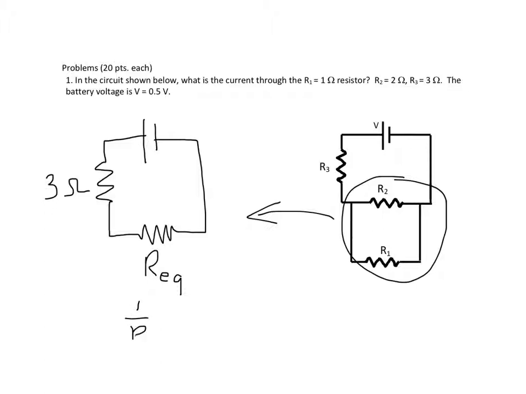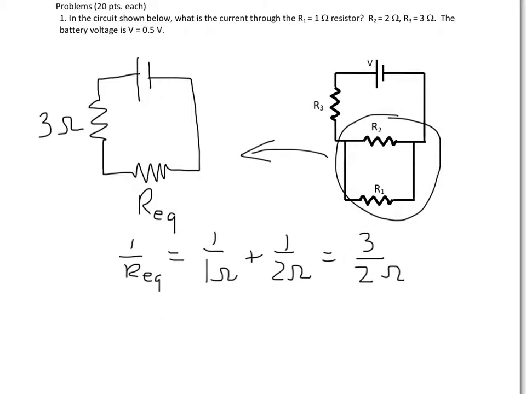So 1 over R equivalent is 1 over 1 ohm plus 1 over 2 ohms, which is 3 over 2 inverse ohms. And this, of course, implies that R equivalent is 2/3 of an ohm, or 0.67 ohms.